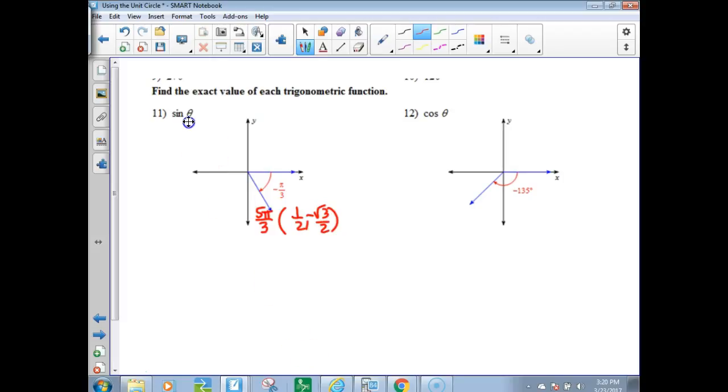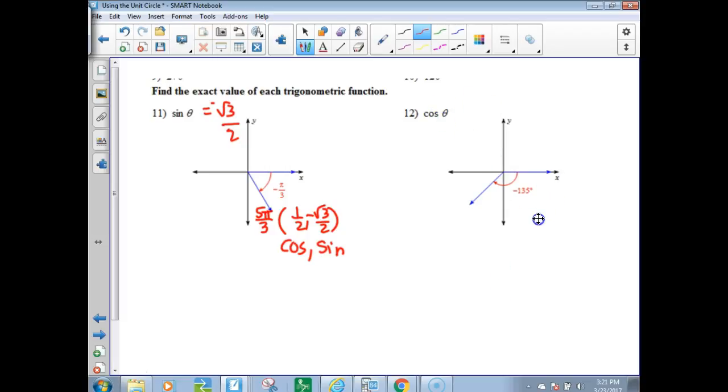Which one's the sine? It goes cosine, then sine. You have to start thinking like this. You have to start looking at those points and thinking the first number is the cosine, the second number is the sine.